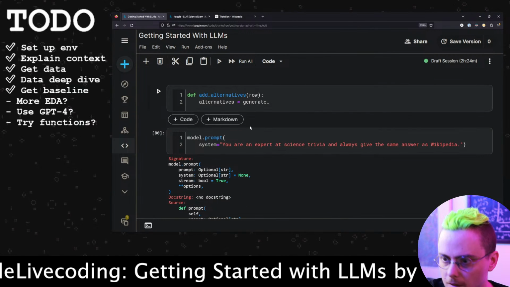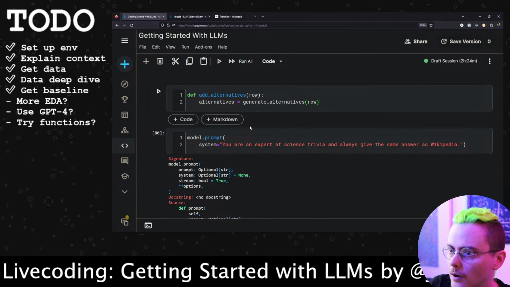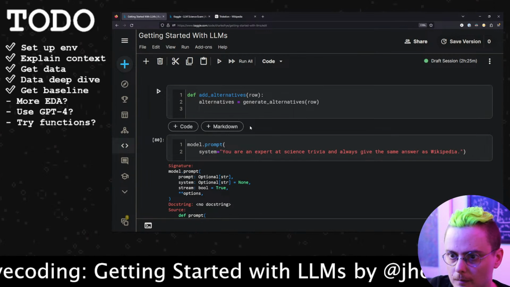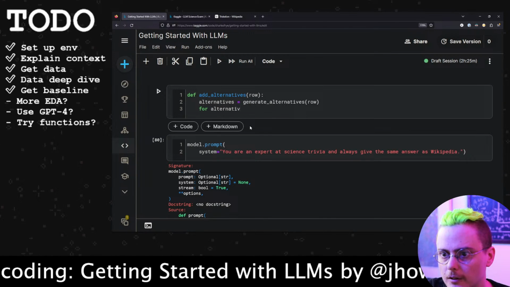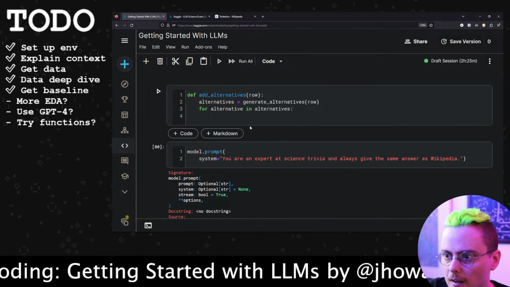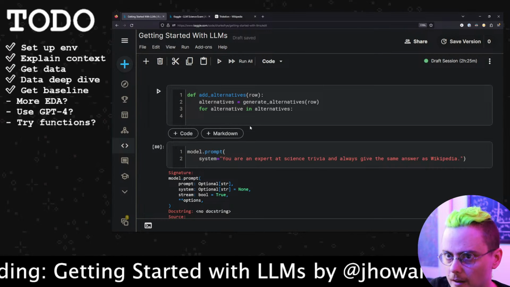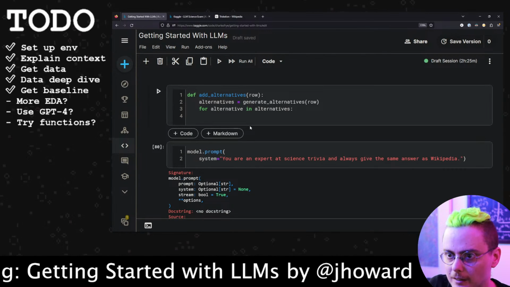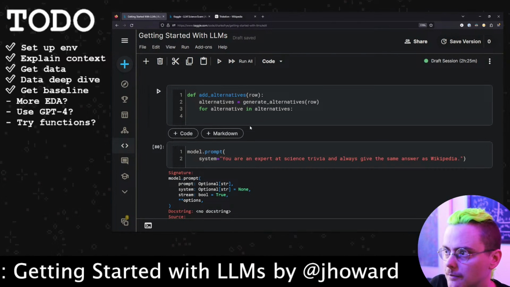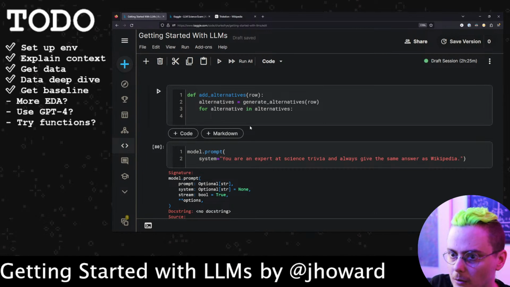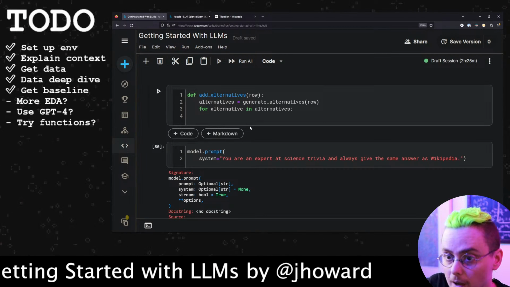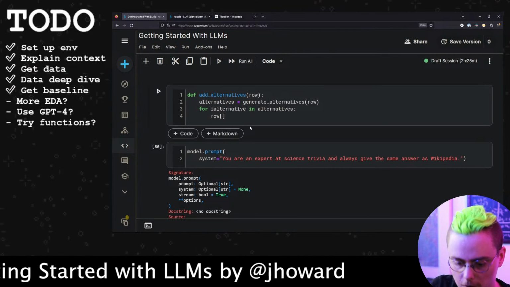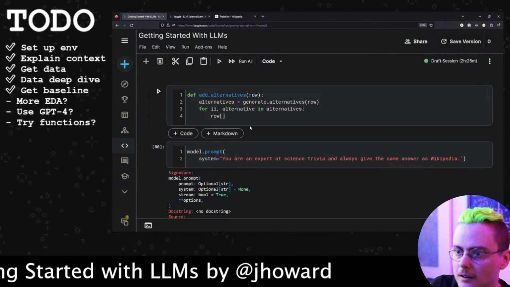Generate alternatives row, and then for alternative in alternatives. We just spend a lot of time on prompt and code with language models, which is why it's nice to have something like Copilot by your side when you're writing this stuff, which I haven't figured out how to add in Kaggle notebooks. I'm sure there's a way. But alternative in alternatives row. Oh yeah, and we want to enumerate them. I, alternative in enumerate alternatives.